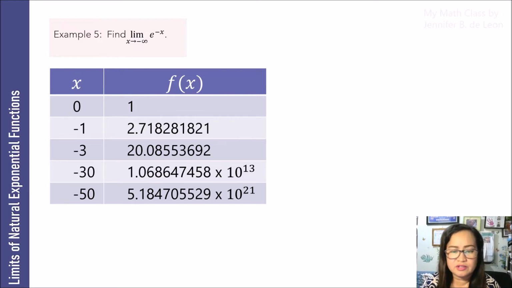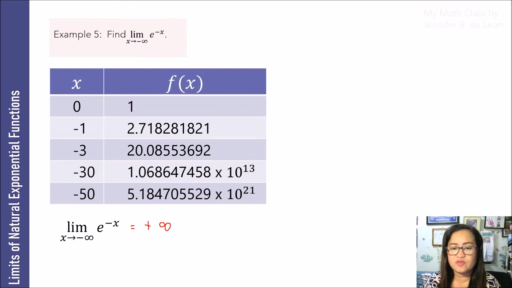Now take a look. As the value of x decreases without bound, the value of f of x increases without bound. So we can say that the limit of e raised to negative x as x approaches negative infinity is equal to positive infinity.